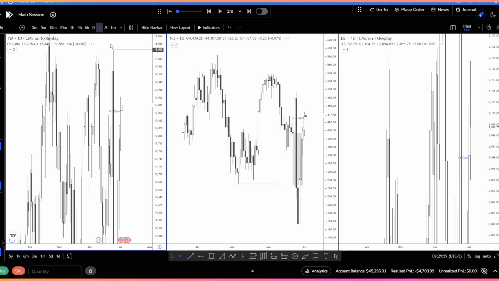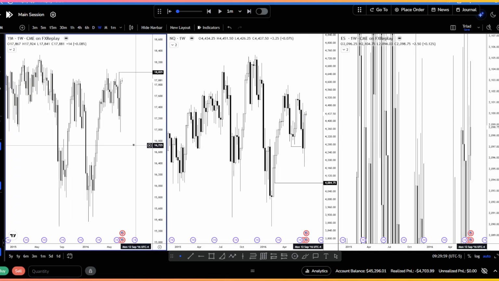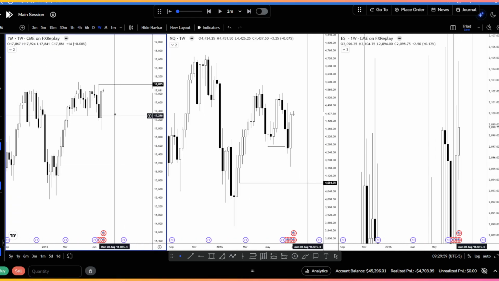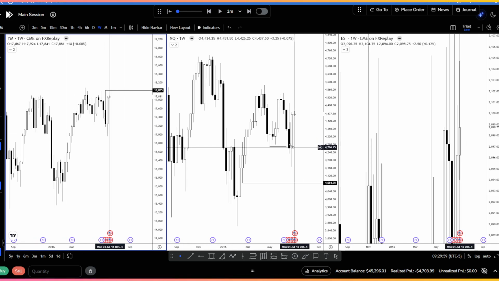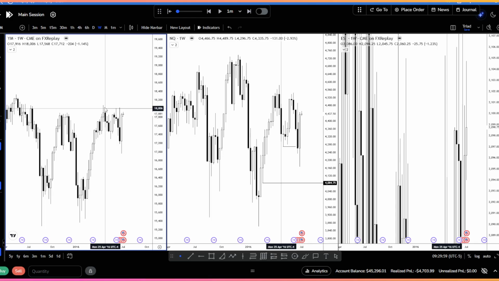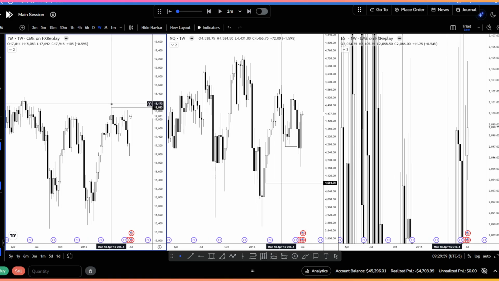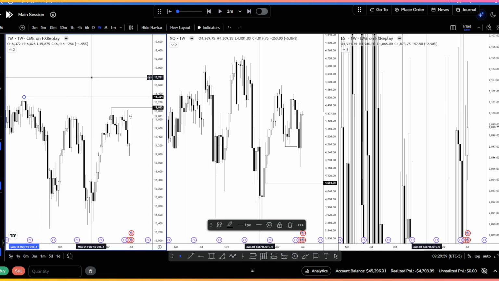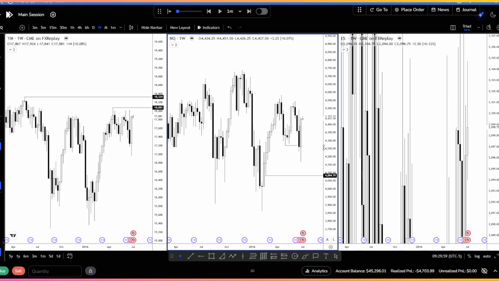Let's go to weekly now. So weekly, huge C2 from the downside after hitting the relevant swing point. The only place we can go is this. And this is the relevant swing point for me on YM, and this is the next draw.